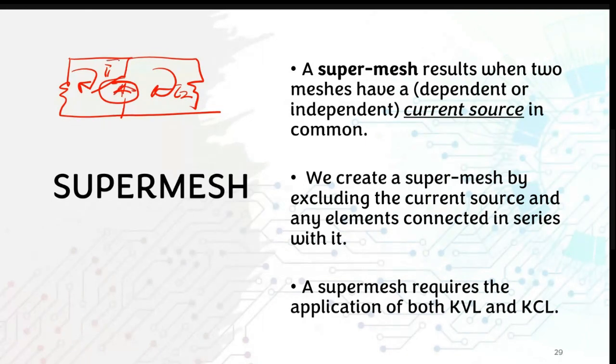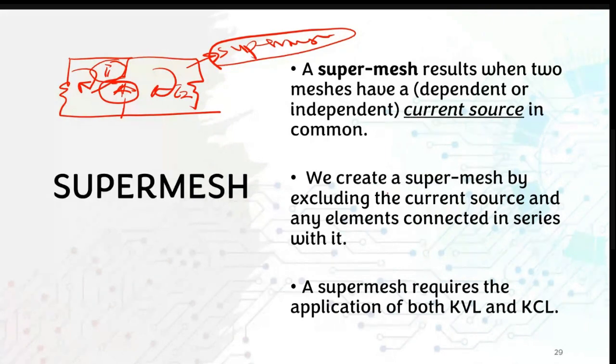This mesh I1 and I2 are sharing the same current source, so we call this a supermesh. Usually a supermesh is created by excluding the current source and any element connected in series with it.